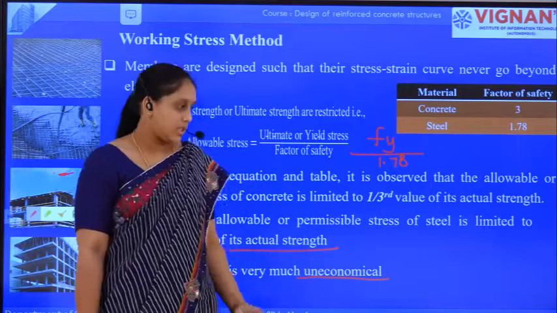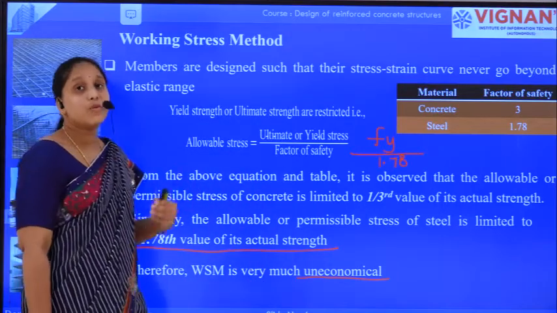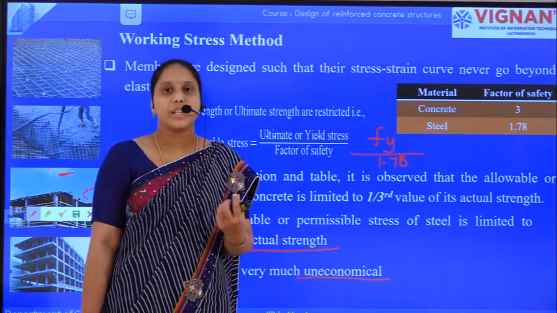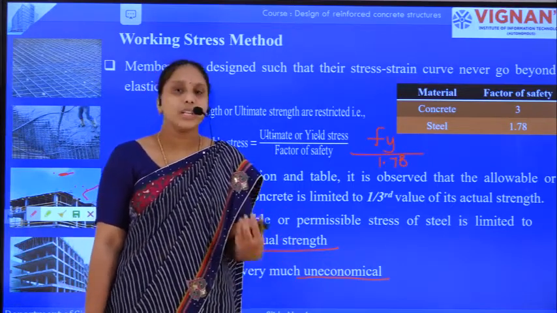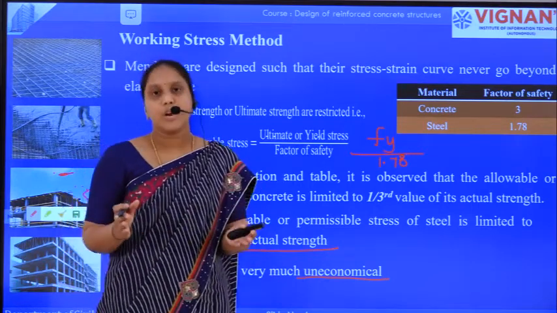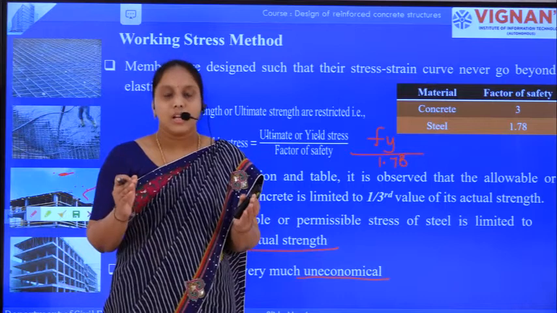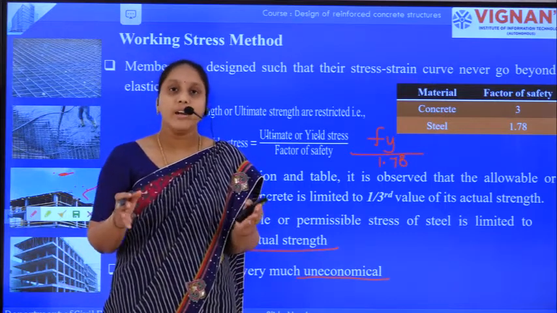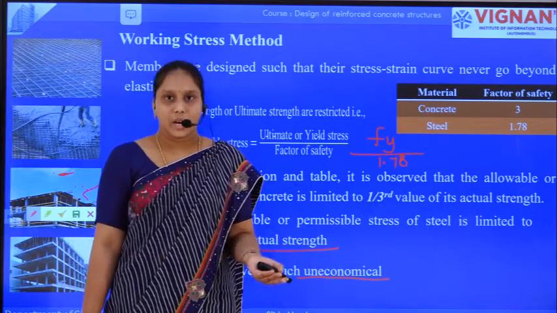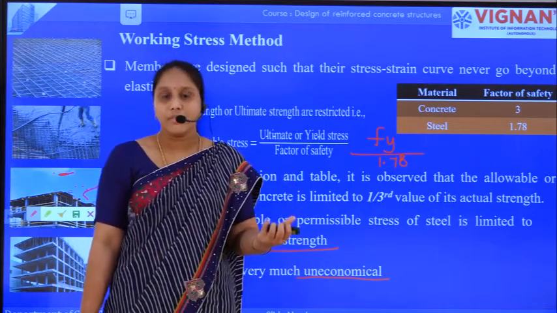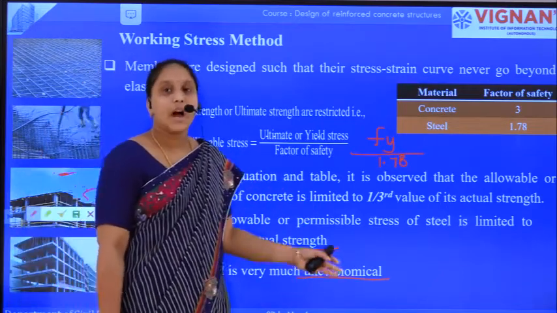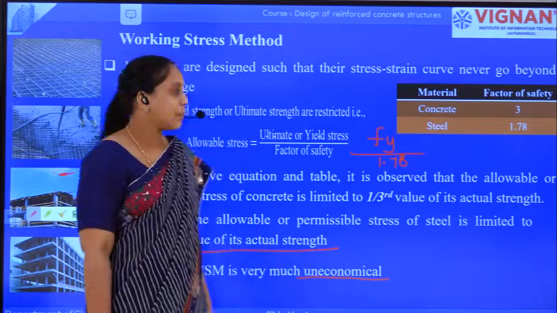So the sections formed here are wider and bigger, and more material is required for small amounts of load. That is the reason why the working stress method gives uneconomical sections.